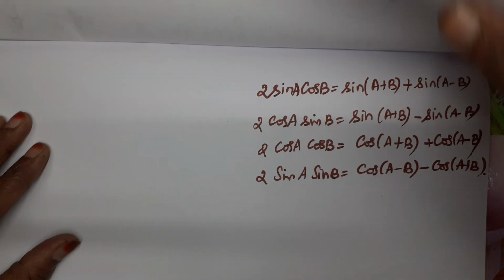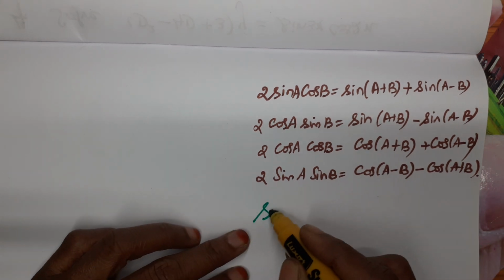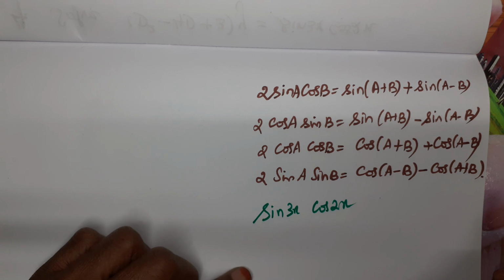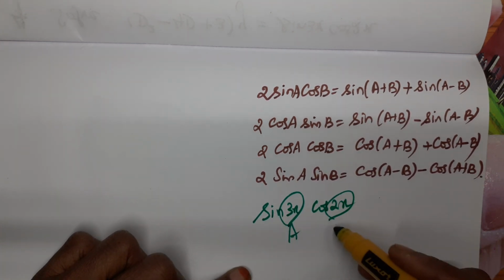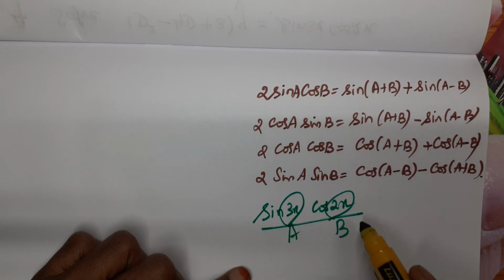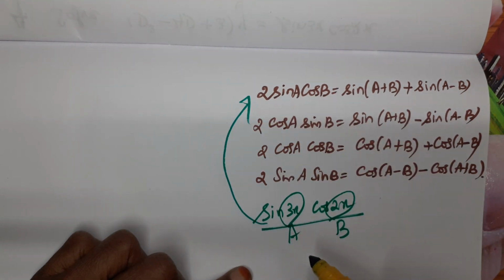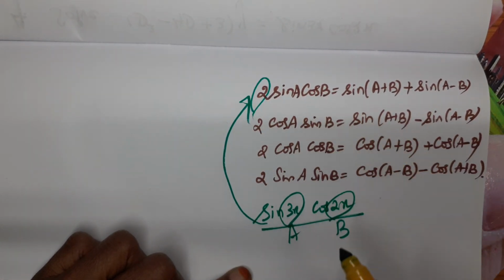What we have here is sin 3x cos 2x. Whichever coefficient is greater, fix that as a, so this is my a and this is my b. With this, which one can we relate? We can relate with this one. But 2 is missing. If 2 is not on this side, we can bring that to the other side.